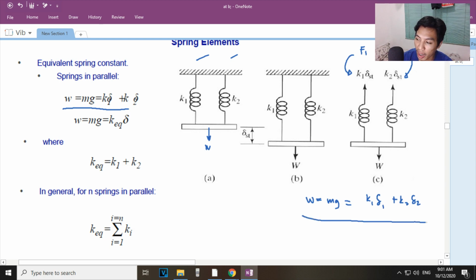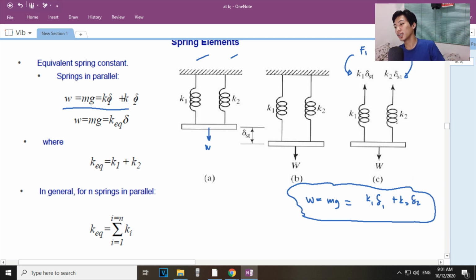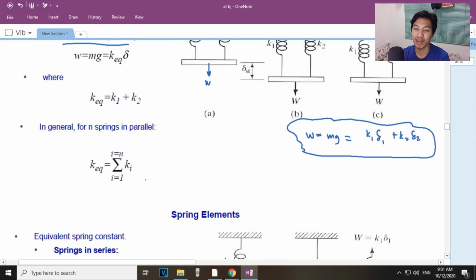Yan yung kanyang spring model, mass spring model, and then kanyang mathematical representation. Okay? In general, for a certain number of springs or several or even multiple springs in parallel, ito yung kanyang equation. Yung summation, and so on yan, in summation.